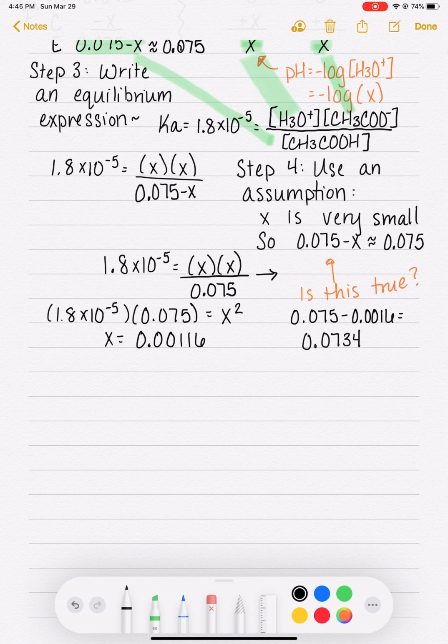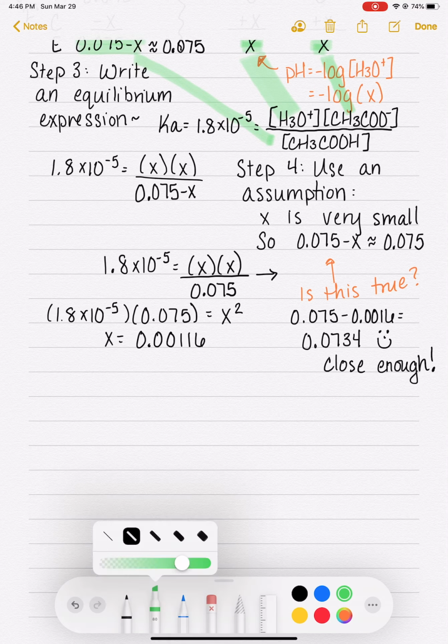Not exactly the same, but it's close enough for us. Now, if you go on in chemistry and this becomes important, then you're going to need to not make assumptions like that. But for this level of chemistry, for this class, this is a very reasonable assumption for us to make. So we have solved for X.